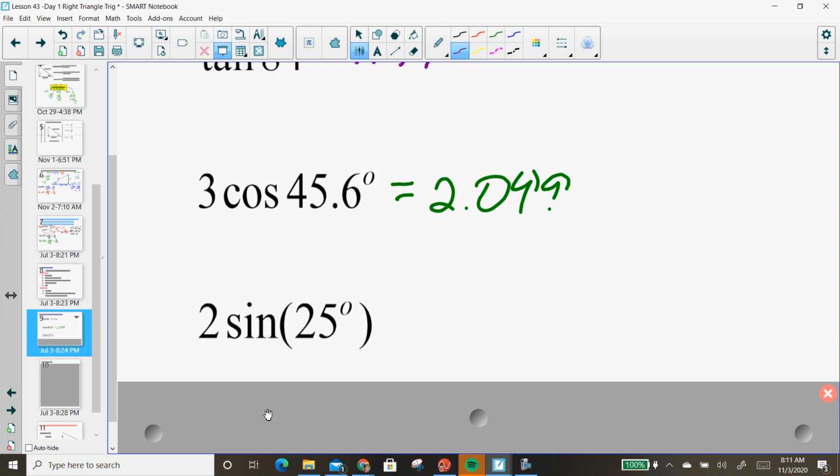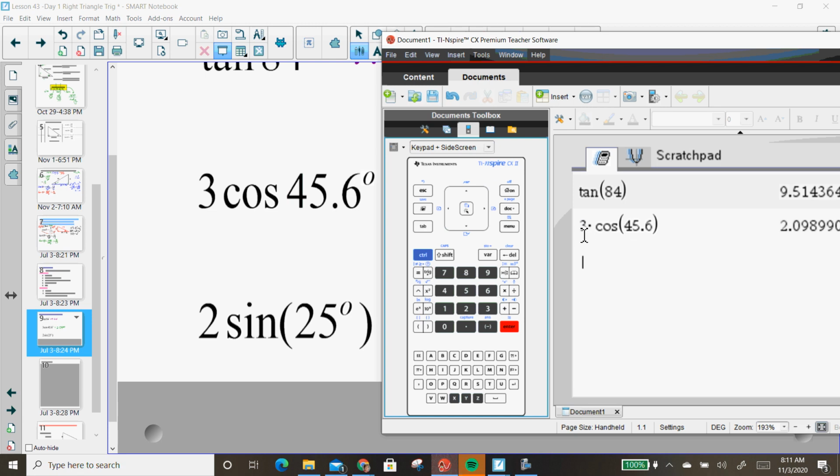Or no, that wouldn't have been it. Look back at what the calculator says you actually entered. Mine had the 3 times cosine and 45.6 on the inside. Did you have something different, or did you have a cosine with a -1 on it? What's different about what your display says for what you entered on that? The 3 times cosine 45.6?